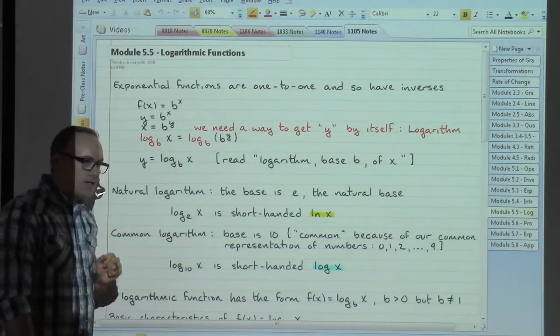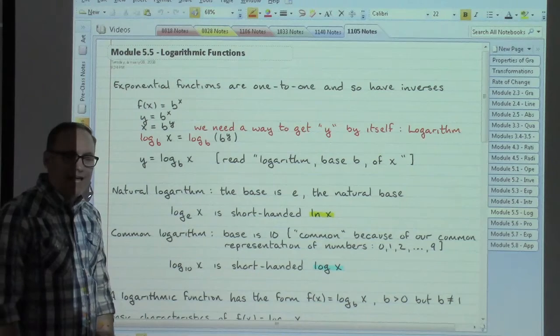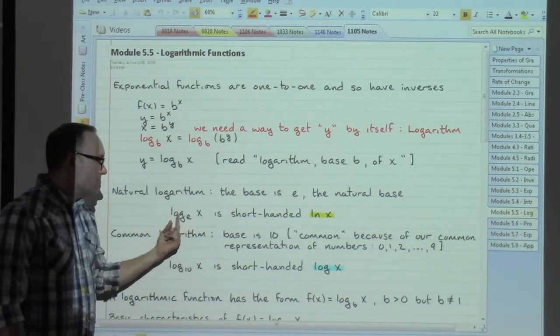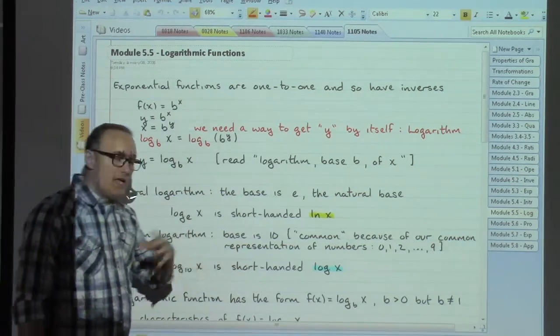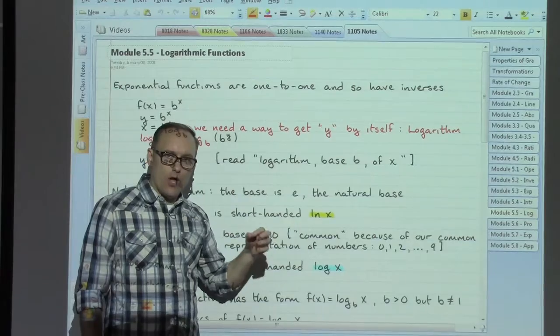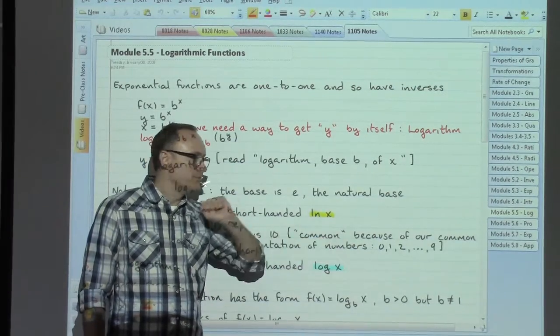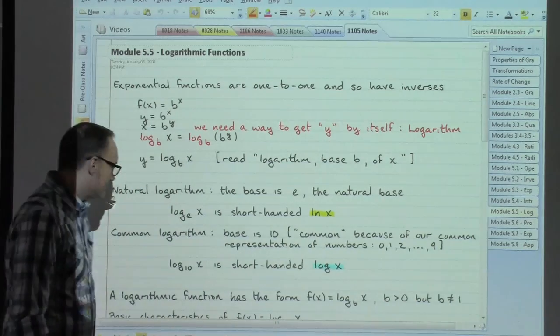If we have that special base, that natural base e, then we would call it a natural logarithm. Instead of saying log base e, that gets shorthanded: ln, like logarithm natural, natural log of x.